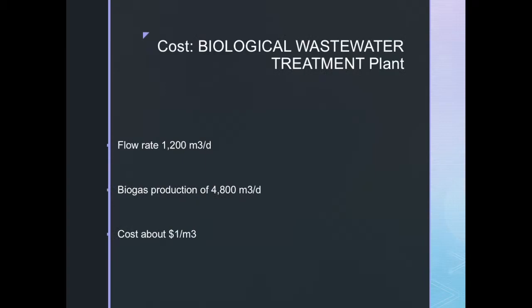A biological wastewater treatment plant in flow rate of 1,200 cubic meter per day and biogas production of 4,800 cubic meter per day costs about $1 per cubic meter.